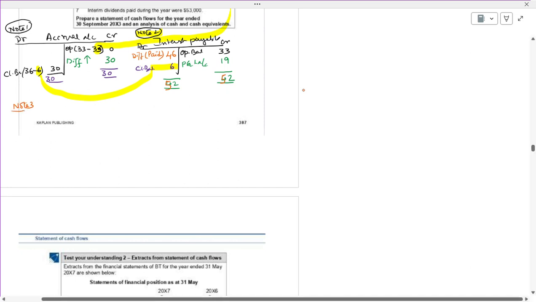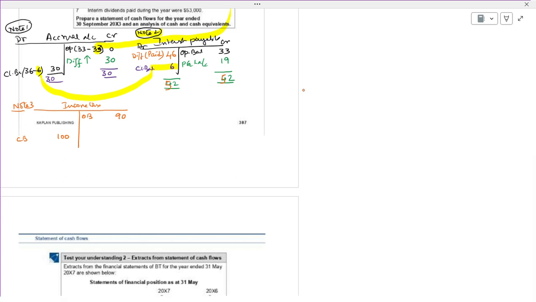Note 3. See, you can write in short. Income tax. Opening balance is 90, closing balance is 100. Liability, opening balance, credit side. Always credit.